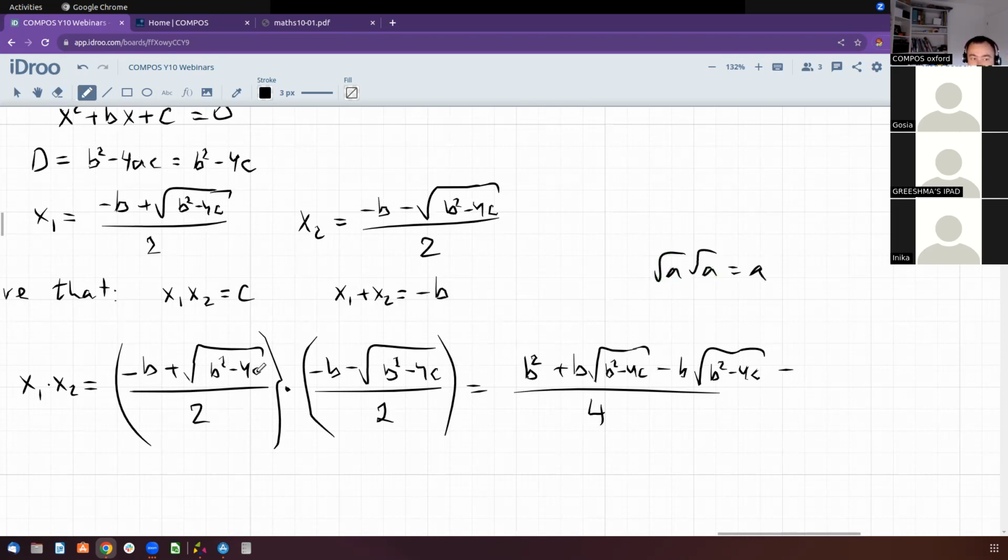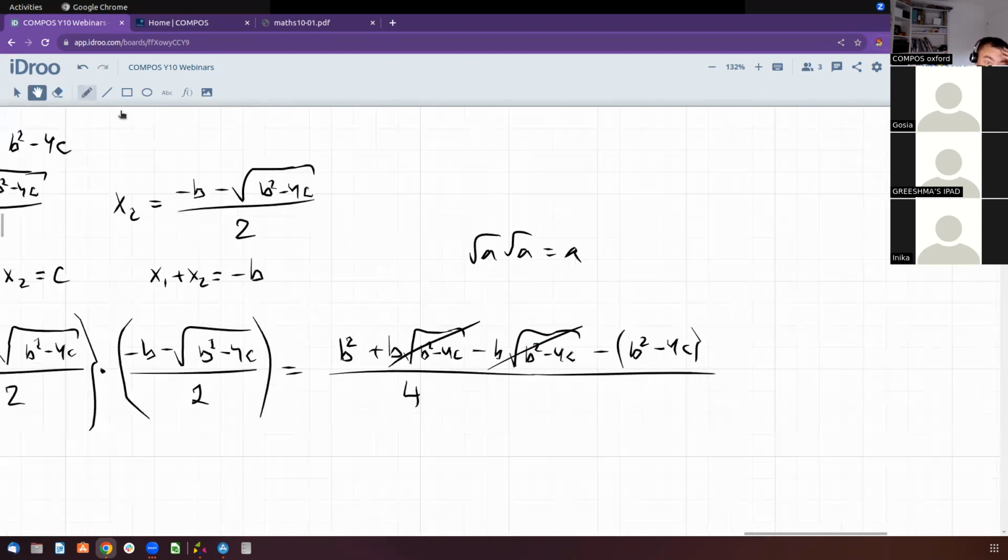Therefore, √(b² − 4c) times √(b² − 4c) is b² − 4c. Now you can notice that the terms cancel out. Let's open the brackets. We get (b² − b² + 4c) divided by 4. This cancels. 4c divided by 4 is equal to c.